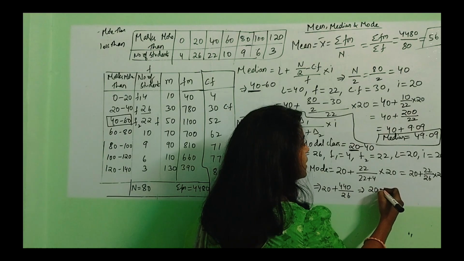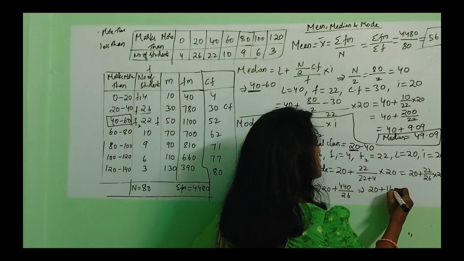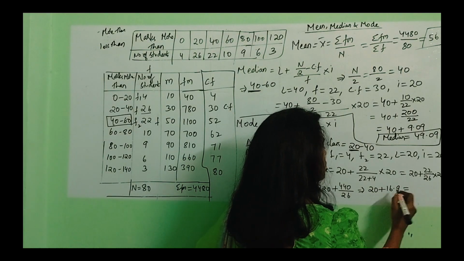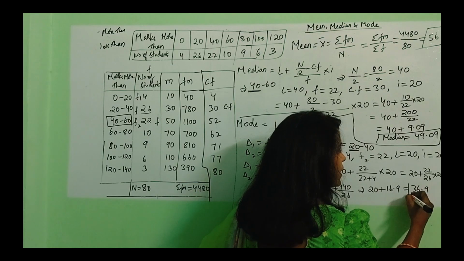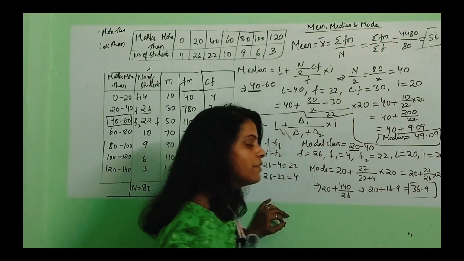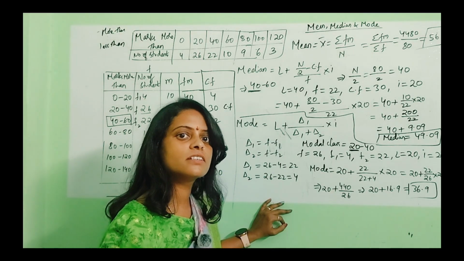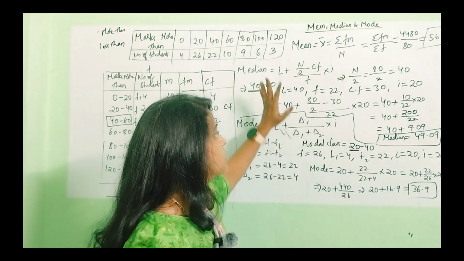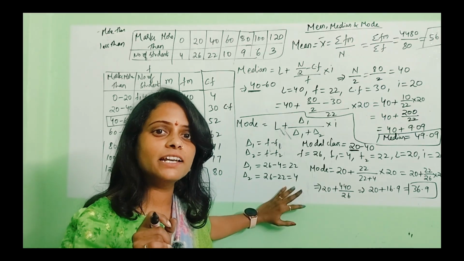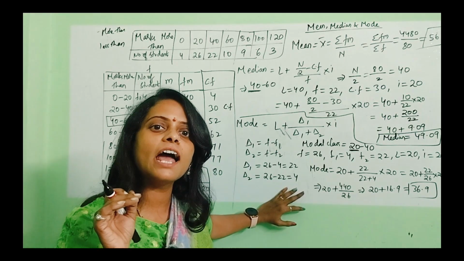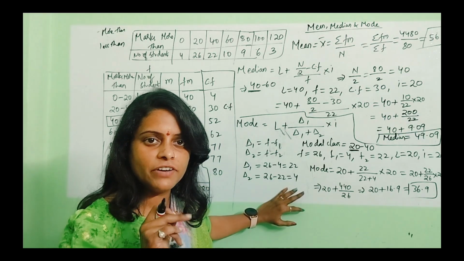So as simple as that, that is 20 plus 16.9. So that will become 20 plus 16 is 36.9. So what is the mode value? Mode value is 36.9. Okay. So in this way we have to calculate the mean, median and mode in the given series.